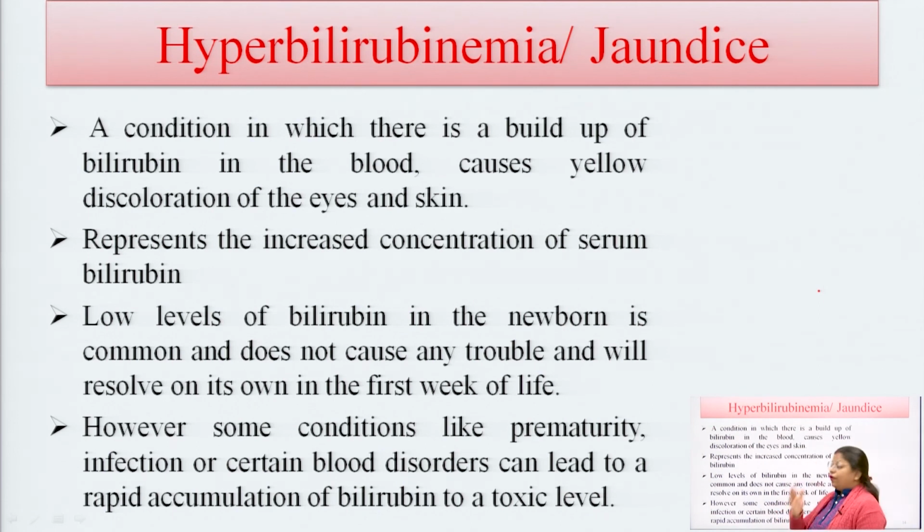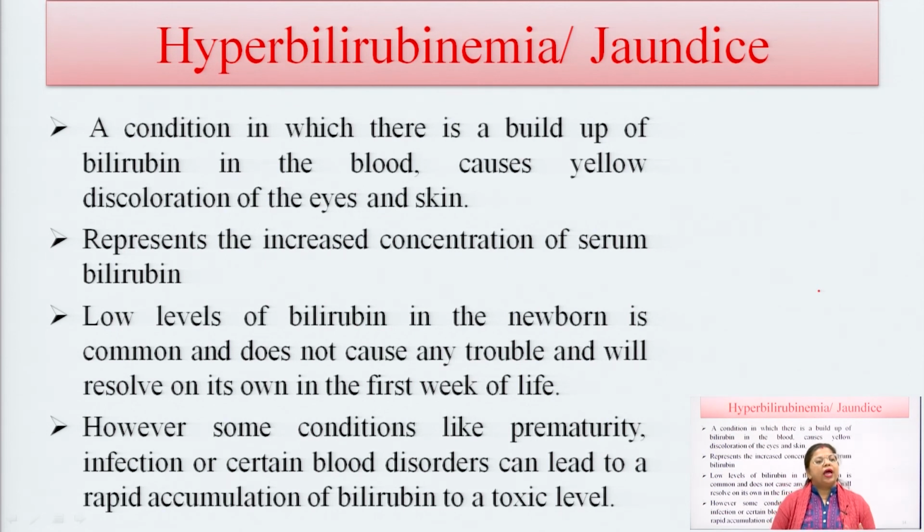Any disorder in the removal of heme from the body can cause jaundice. Jaundice is a condition where the bilirubin concentration in the blood increases, causing yellow discoloration of the eyes and skin, which represents increased serum bilirubin.